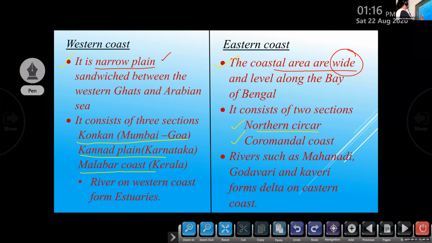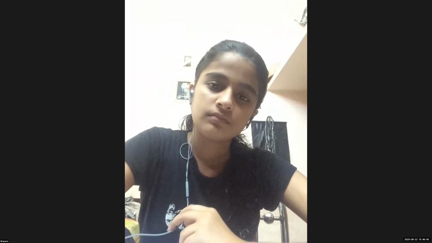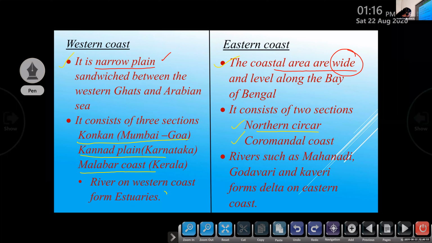I hope the division of western coast and 3 sections of western coast and 2 sections of eastern coast is clear. Next difference between these two is 1. That means western coast. Rivers on the western coast form estuaries. What is estuaries? Have you heard this word before?